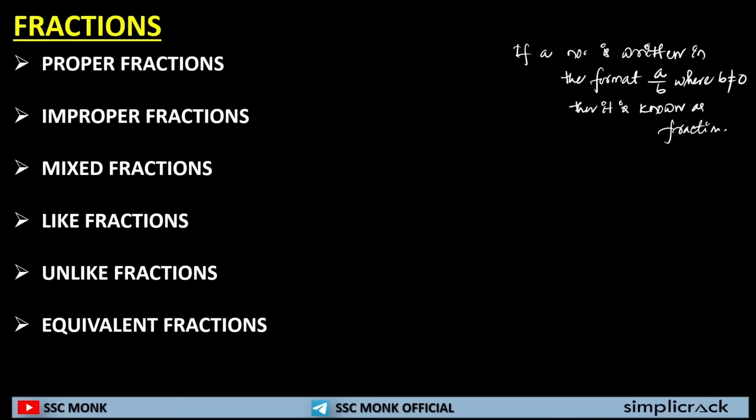Now understand this. If I say 5, is it a fraction? Yes, you can write 5 is equal to 5 by 1. Now is 1 equal to 0? No. So this can be represented as a fraction.